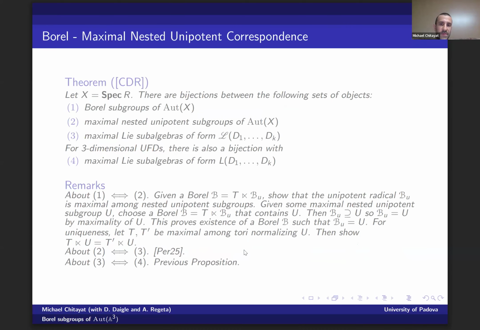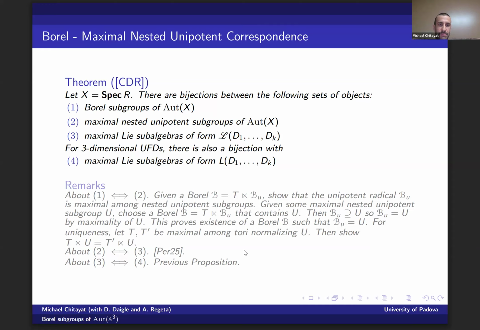Okay, so one of our results tells us that actually there are bijections between the following sets of objects. The set of Borel subgroups of Aut X, the set of maximal nested unipotent subgroups of Aut X. So that's our part.